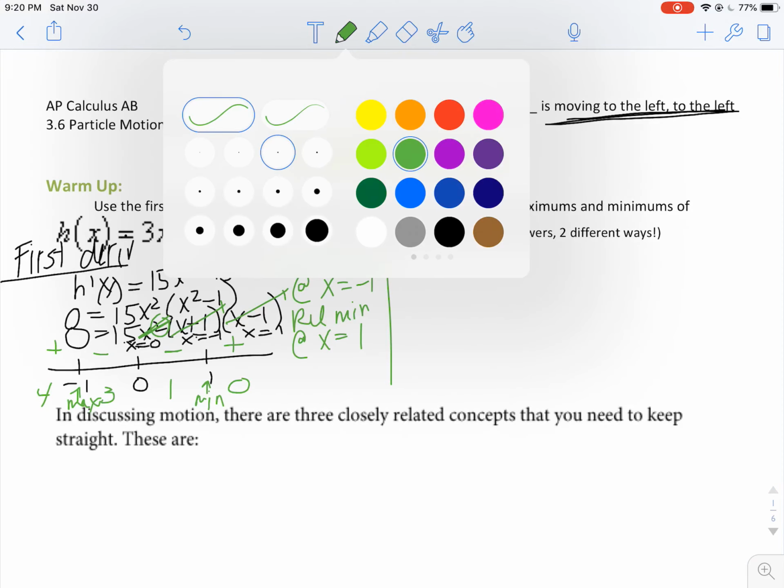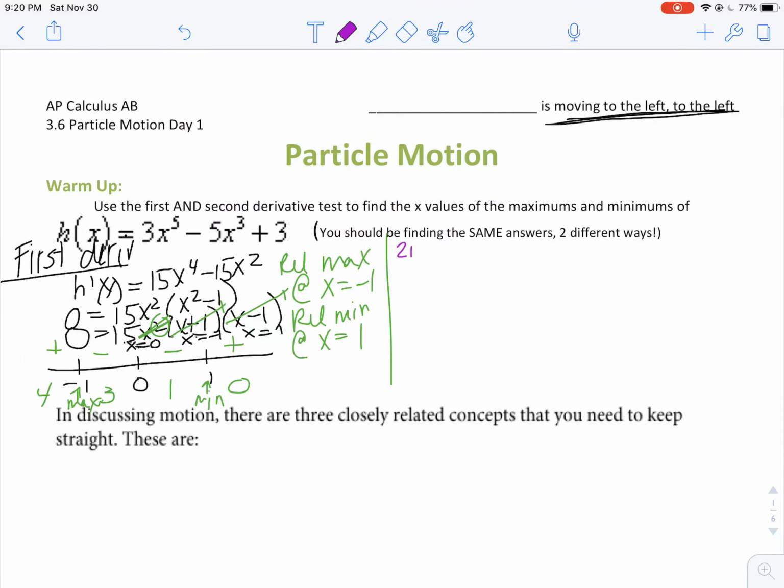Okay. And then we got our second derivative test. So we're doing the same thing, only using our second derivative here. So h double prime of x is 60x cubed minus 30x.